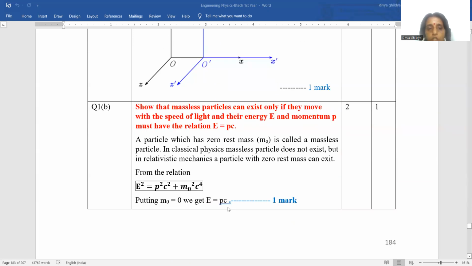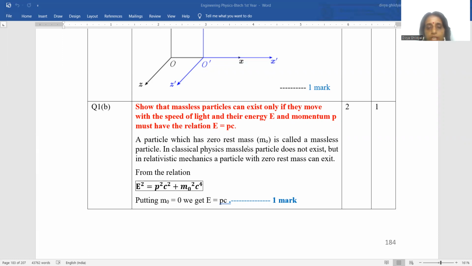Next question: show that massless particles can exist only if they move with the speed of light and their energy and momentum have the relationship E is equal to PC. Now, 2-mark question.